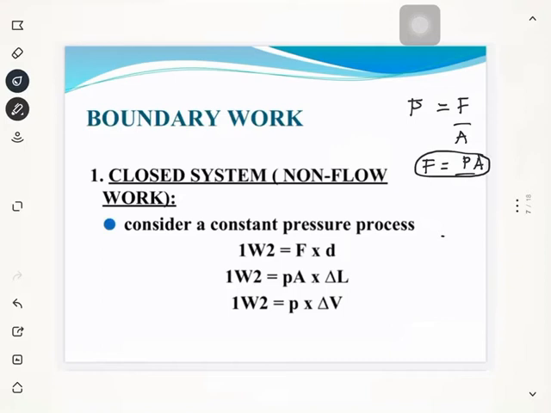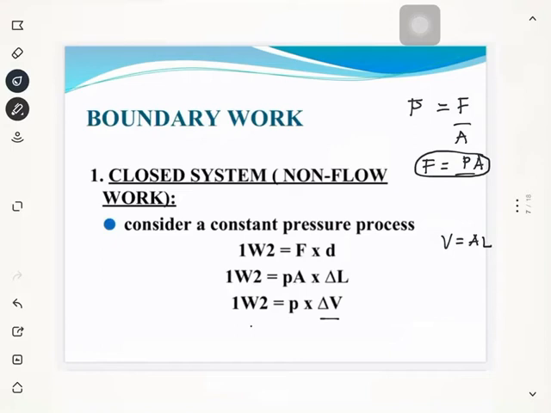We know that the volume is area times the length, so work from 1 to 2 is pressure times delta V.